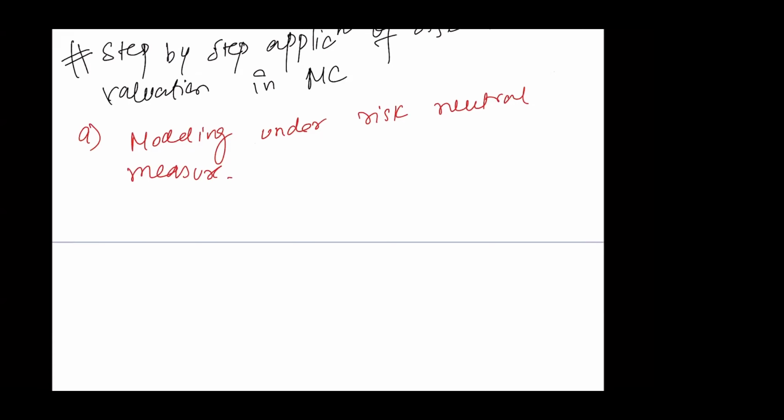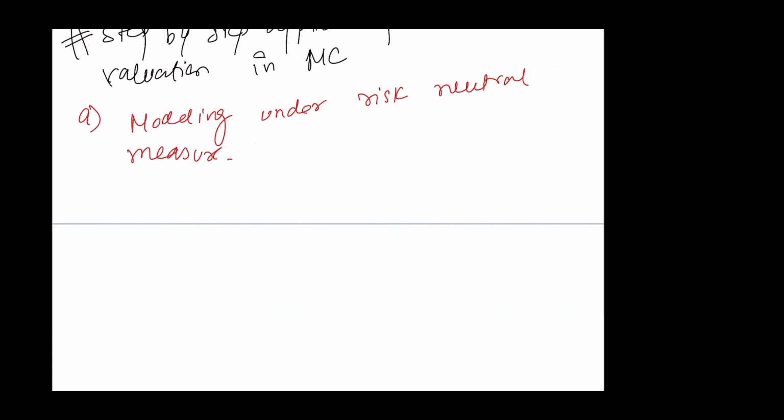When you use Monte Carlo to price any option, the very first step is to simulate the future path of the underlying asset. In risk neutral valuation, all these stock price paths are modeled in such a way that the expected return on these assets is nothing but the risk-free rate.